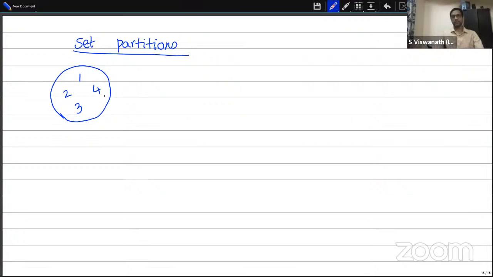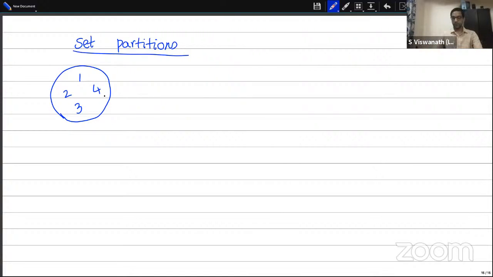And I don't care how I write the subsets, whether I write 1, 2 first and then 3, 4, or 3, 4 and 1, 2, and so on. I only want to keep track of which numbers are together inside one subset, right? Who are all the numbers which form a group together?